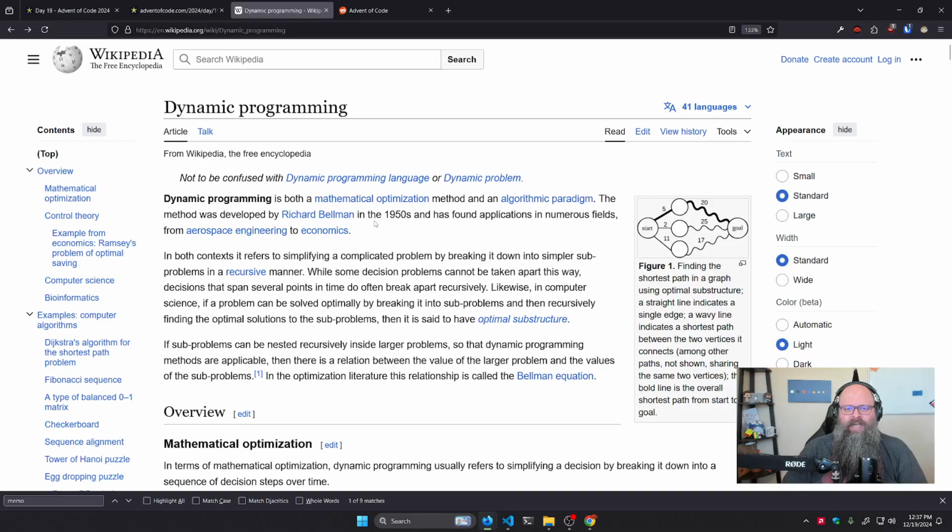I have the Wikipedia page. The idea behind dynamic programming is, can you take a large problem and solve it in small little chunks? If you can break it down into simpler subproblems, you can then solve each of those smaller problems to eventually come out to the bigger problem.